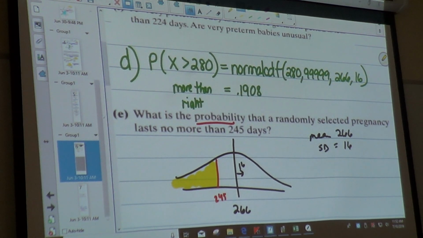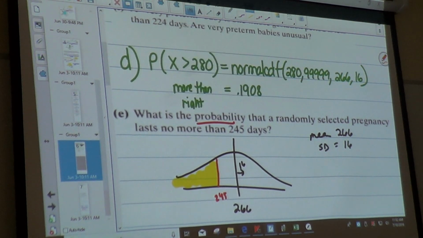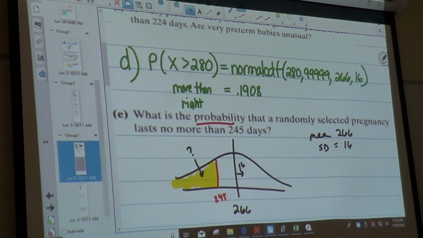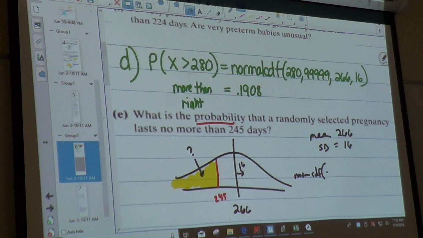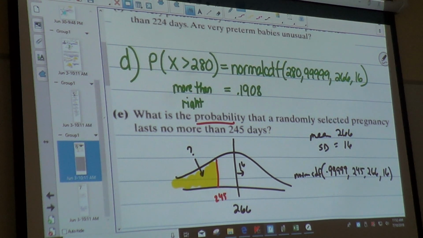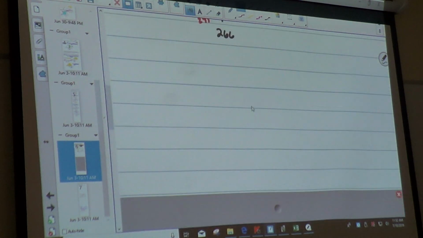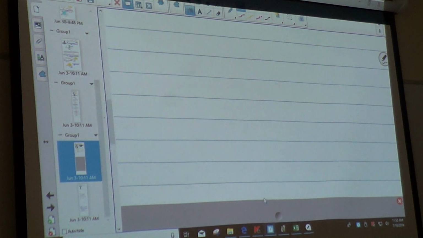So we are trying to find the shade. We are trying to find the probability. So it's going to be normal CDF. It began at -9999. It ended at 245. My mean is 266 and my standard deviation is 16. So these are the people, we just did the people who were way over term.